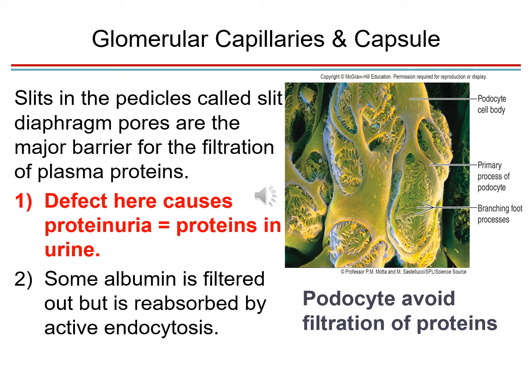But we have to be sure that the blood cells and the proteins don't escape in the filtration, and because of that we have the podocytes. The podocytes are the ones that avoid the loss of proteins from the bloodstream into the filtrate.